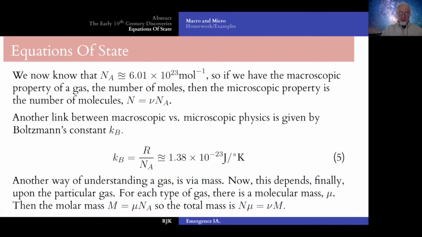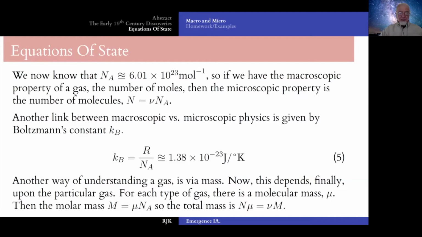So it gives you 1.38 times 10 to the minus 23 joules per degree Kelvin. So it's got 23 zeros before the 138.